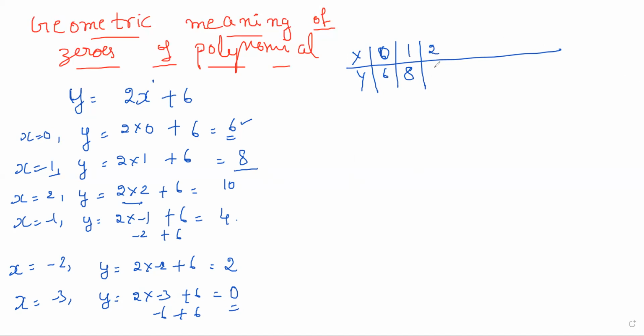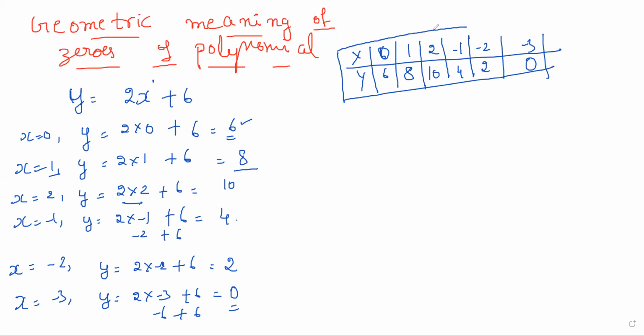When x is equal to 2, y is 10. When x is minus 1, it is 4. When it is minus 2, y value becomes 2. When it is minus 3, y value becomes 0. See, we are getting the answer 0 when the value of x is minus 3. Right?